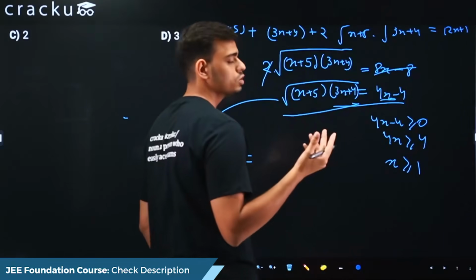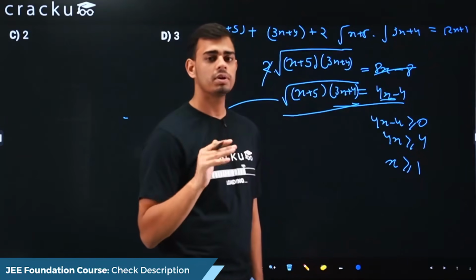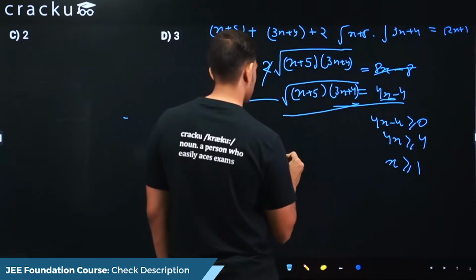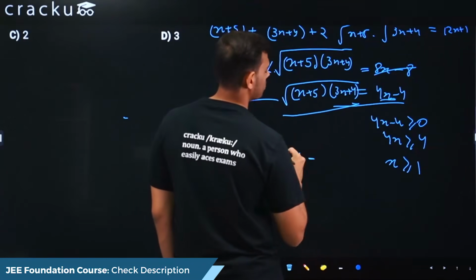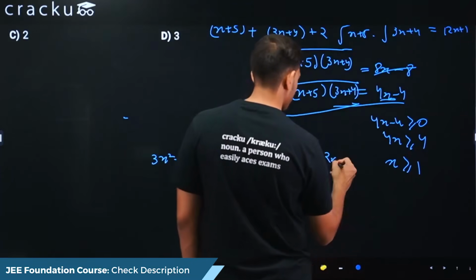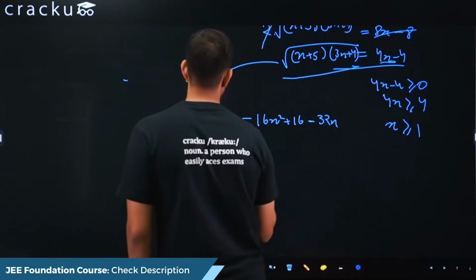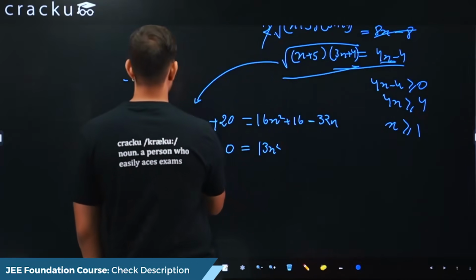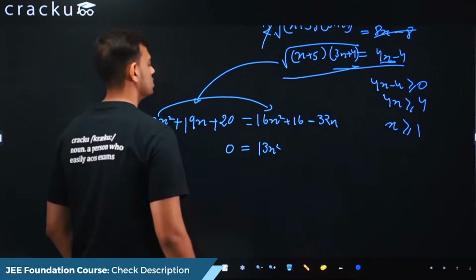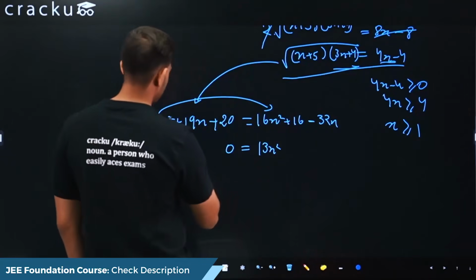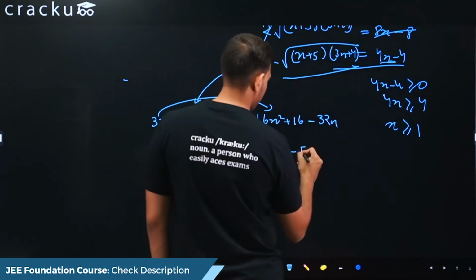A minus b whole square is a square plus b square minus 2ab. A square is 16x square plus b square is 16 minus 2ab is 4, 16 times 2 is 32x. Okay, so I get it as 0 on the LHS, 13x square because 3x square will come here, 16x square minus 3x square. Minus 32x minus 19x is minus 51x.